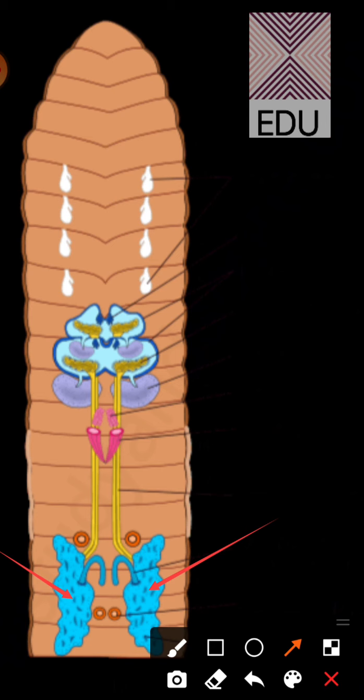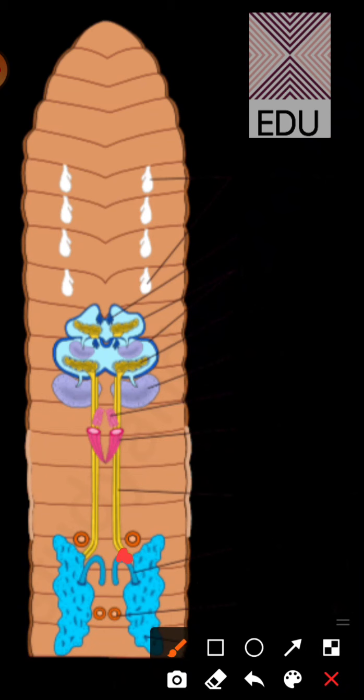Now what is happening is that sperms are coming down towards the prostate gland, and prostatic fluid is coming out of these blue vessels, and the sperms mix together into this prostatic fluid at this particular region. So here is the mixing of the sperms and the prostatic fluid.